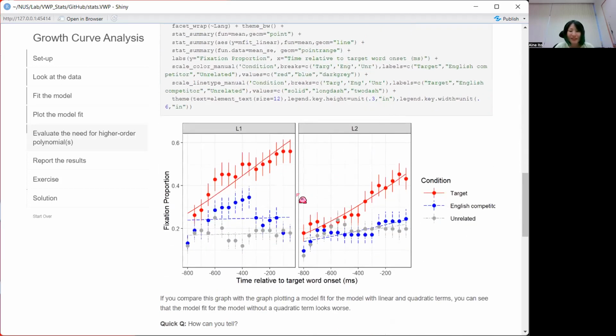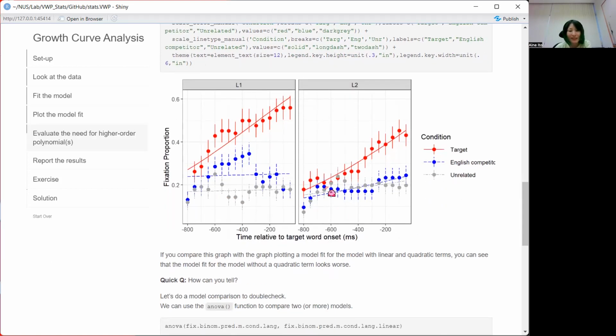So what we notice first is that we now see a more linear looking line, and obviously that's because we removed the quadratic term, right? We no longer try to fit the quadratic or curve to the data. That's why the model fit is more linear in this case. And as we've seen, the data looks like this.